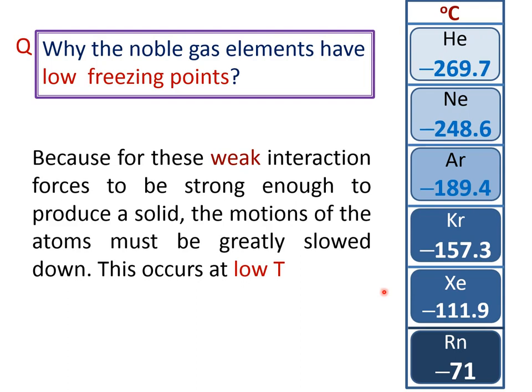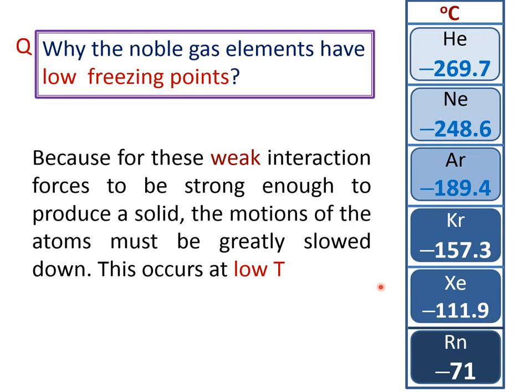Look at these values. How can you compare the different values together? As you see here, as you go down the group in the noble gases, the freezing point increases, from minus 269.7 for helium to minus 71 for Rn.